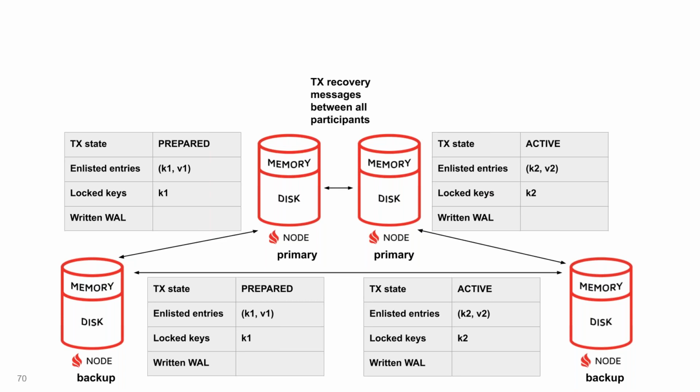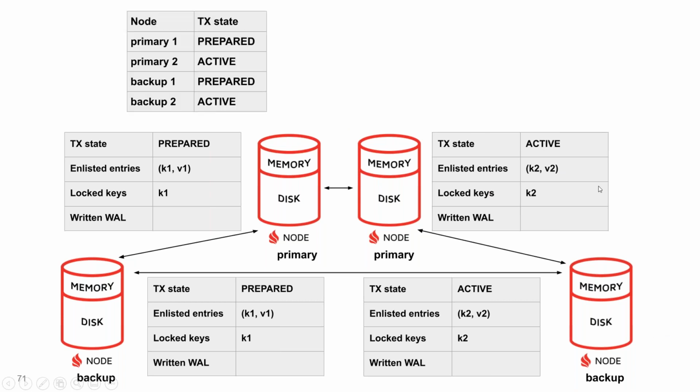Let's change the scenario a bit. Imagine that the transaction is prepared on a chain of one primary and backup nodes, for example, on one key, and it's still active on the second key, because the client, before it left the grid, didn't succeed in sending the message to this subset of participants.